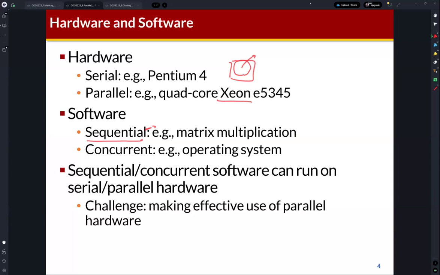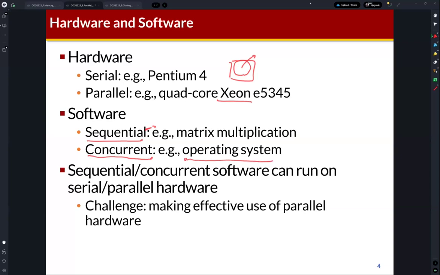And then we can also define the concurrent software. As I mentioned, this concurrent software or parallel software generates multiple threads, and these multiple threads are running concurrently. Concurrent means at the same time, right? The example of concurrent software is the operating system, right?